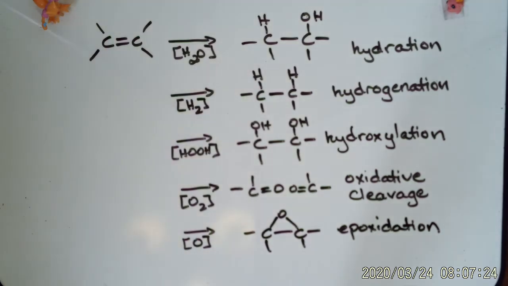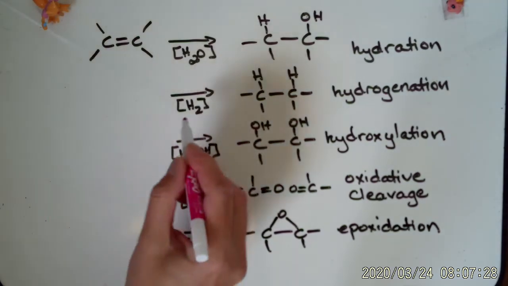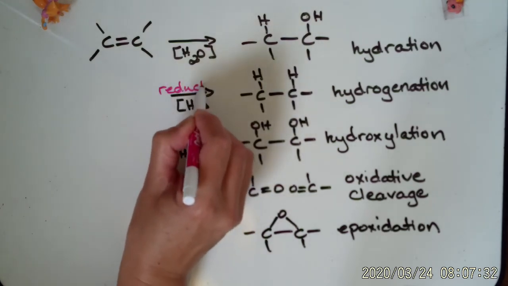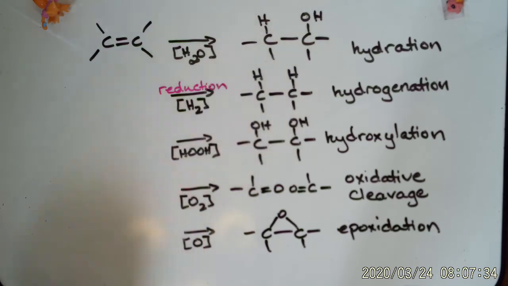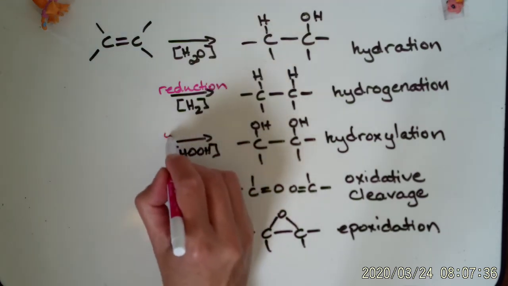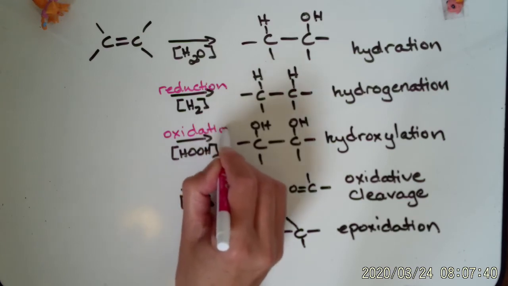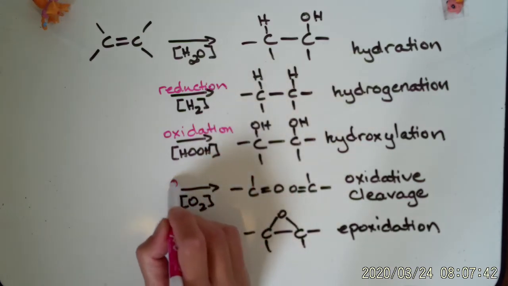So let's take a look. Just so you know, these are the types of reaction. This is considered a reduction. This is considered an oxidation. This is considered an oxidation.